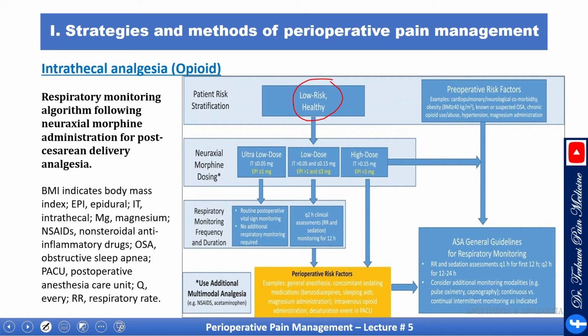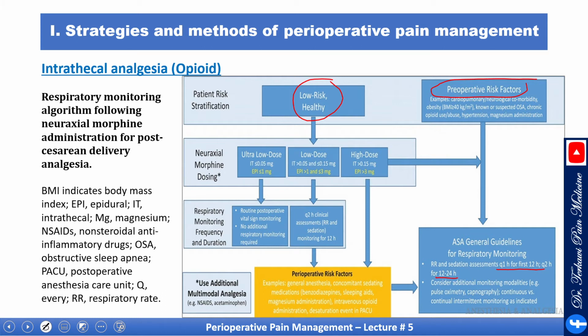monitoring. And the same thing if your patient has preoperative risk factors, the ones we mentioned in the previous slide, then in that case, you need a respiratory rate and sedation assessment, Q1 hour for the first 12 hours, then Q2 hour for the second 12 hours.